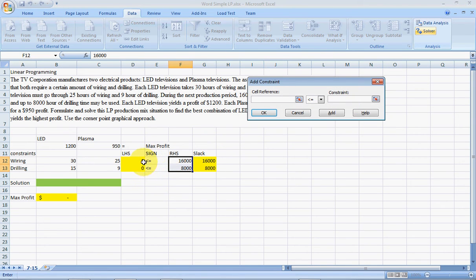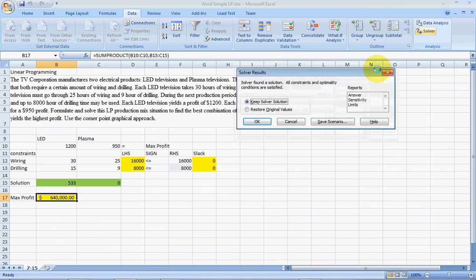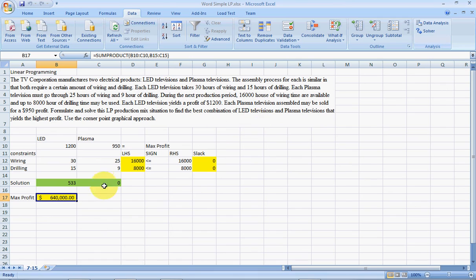Both of these have the same sign, so we can just do both of them at the same time. So we can go to OK. Options, make sure that both of these are checked off, so assume linear and non-negative. Hit OK. Go to solve, and it found a solution. So that's how you would do that.